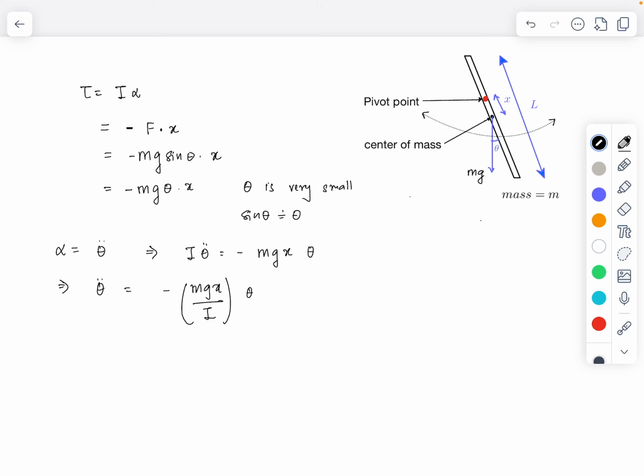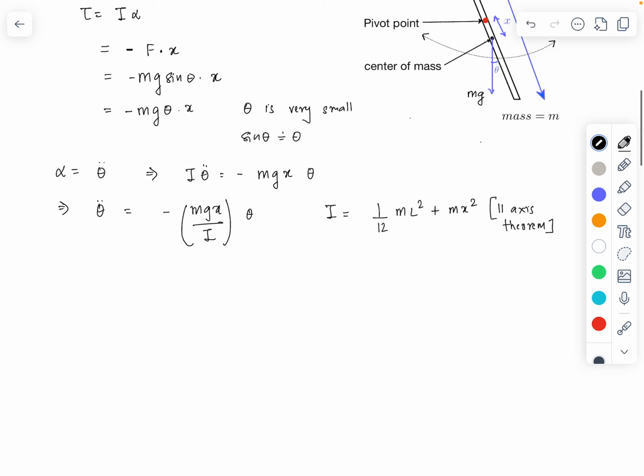I is the moment of inertia, obviously. So I here is the moment of inertia of the rod about the center of mass, 1/12 m L squared, plus m x squared by the parallel axis theorem. Let's put that in.